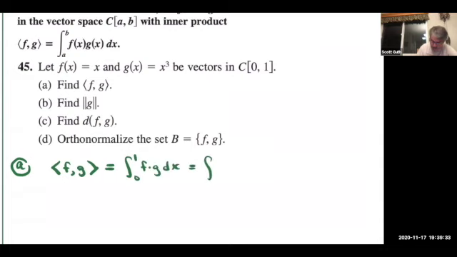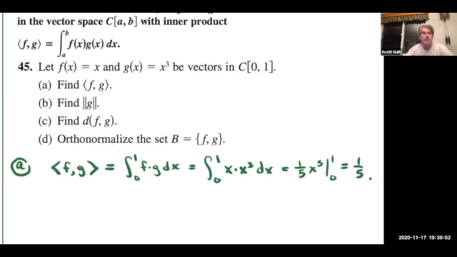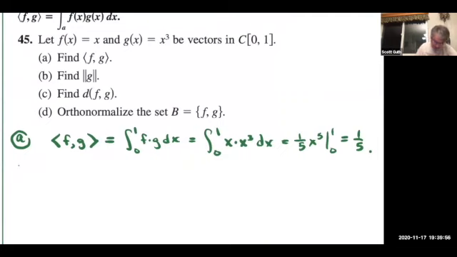So that's going to be x times x to the third. So obviously that's x to the fourth, which is going to give you 1/5 x to the fifth from 0 to 1. And I think that'll just be a fifth. Okay, so that's easy.